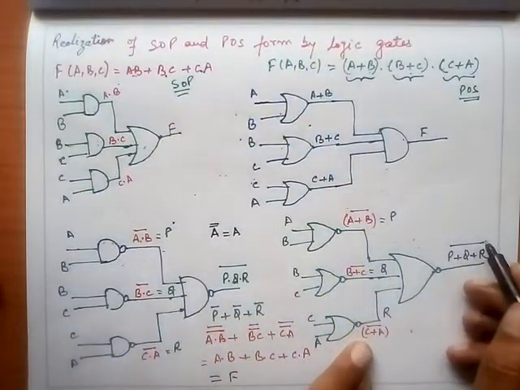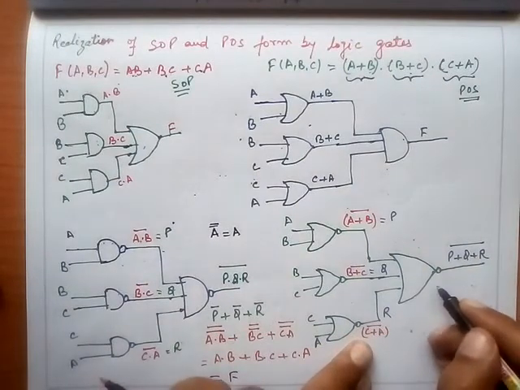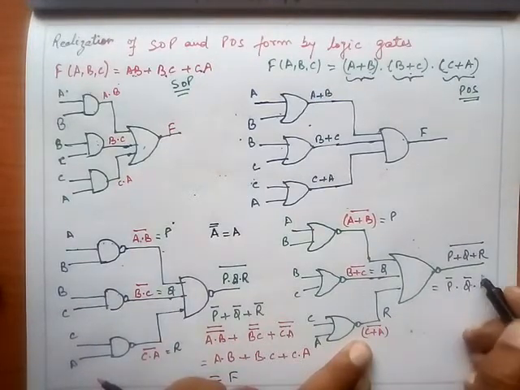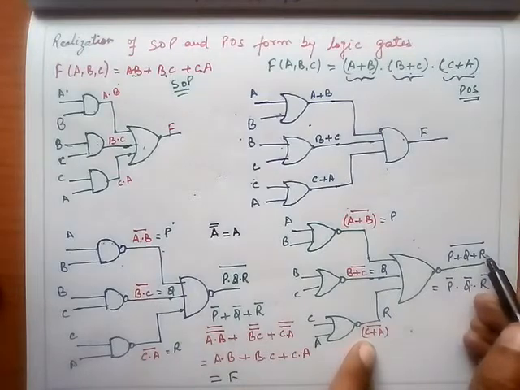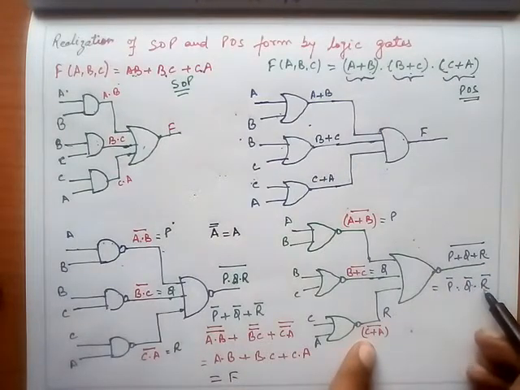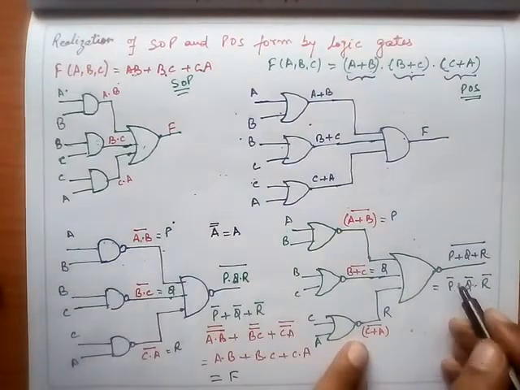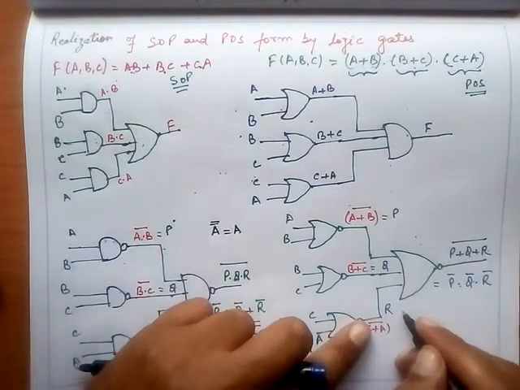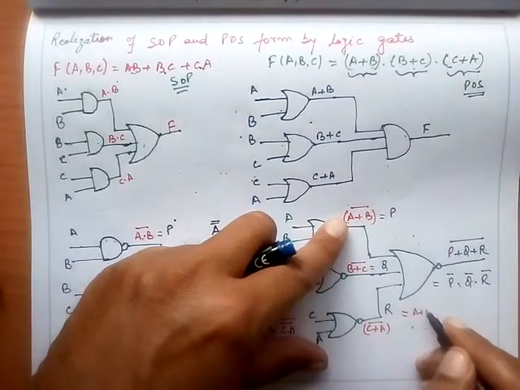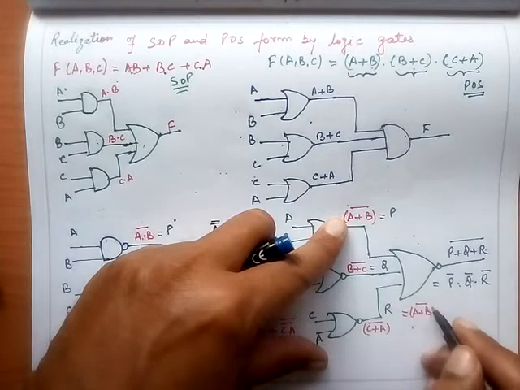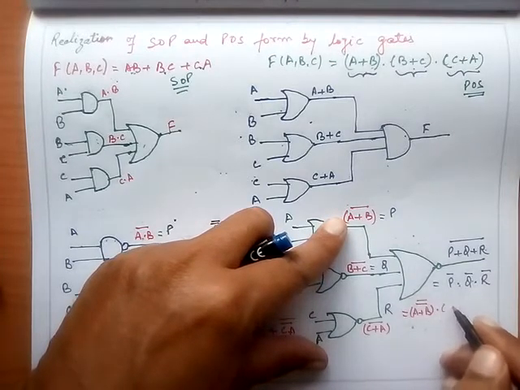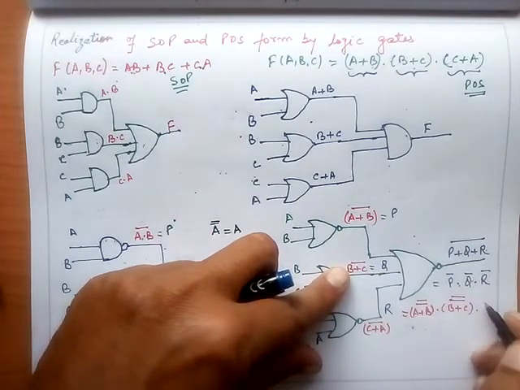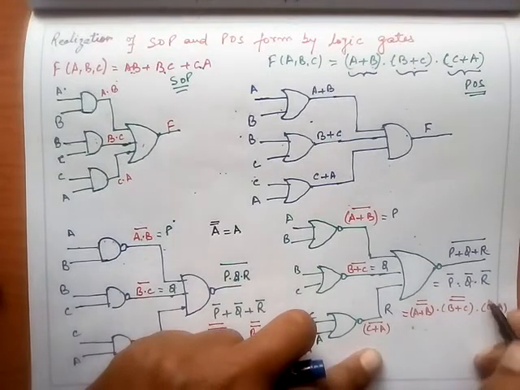Again, if I expand this by De Morgan's theorem, this will be equal to P bar dot Q bar dot R bar. De Morgan's theorem says that A plus B plus C whole bar is equal to A bar dot B bar dot C bar, and now I substitute the values. Again double bar will be the same, so finally it will be equal to A plus B whole double complement, dot B plus C double complement, dot C plus A double complement.